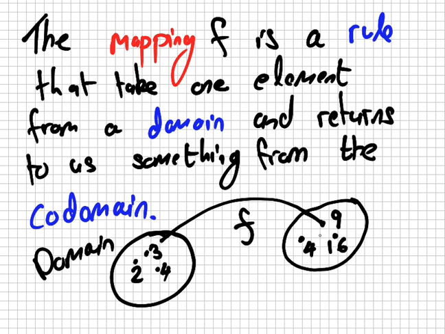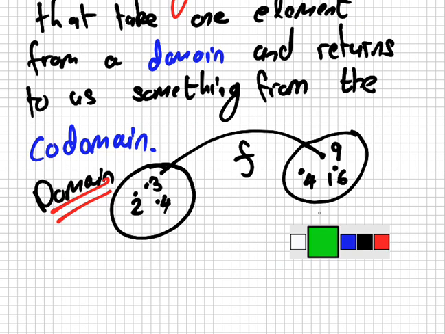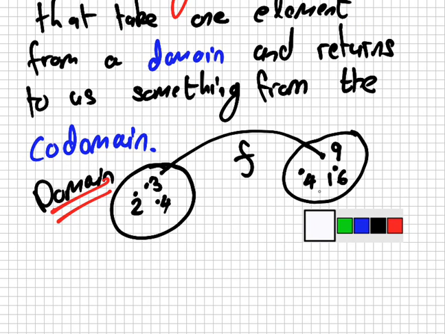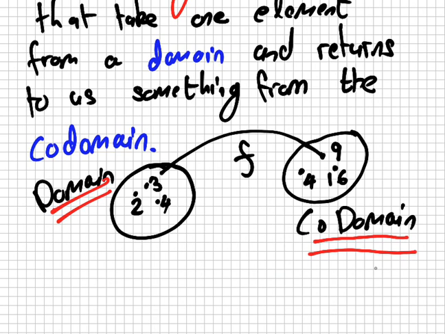So this is really about vocabulary just for the moment. This is called the domain, and this target is called the codomain. Now this is where you have to be careful.